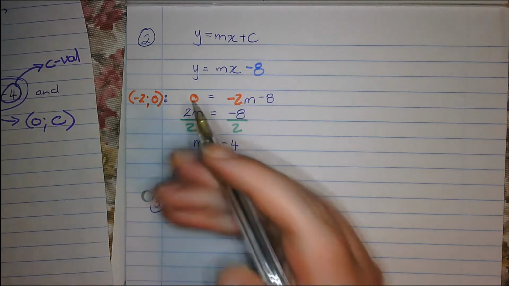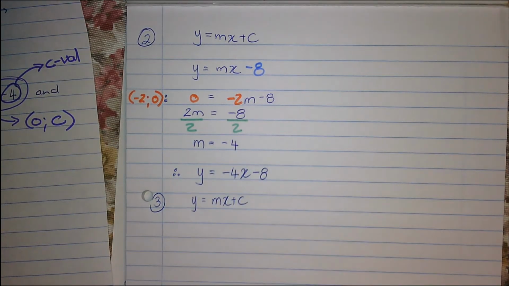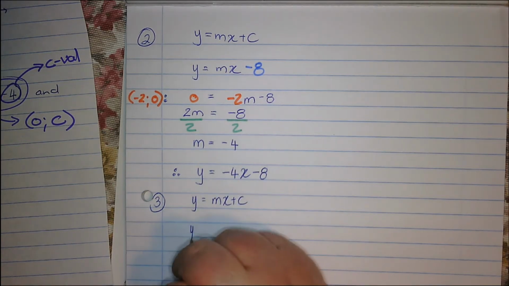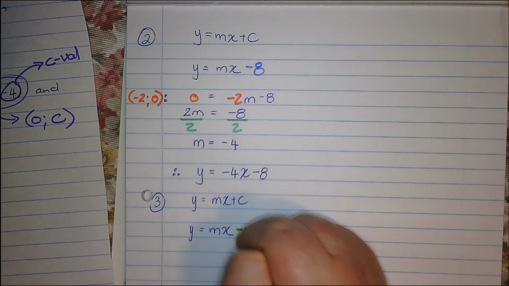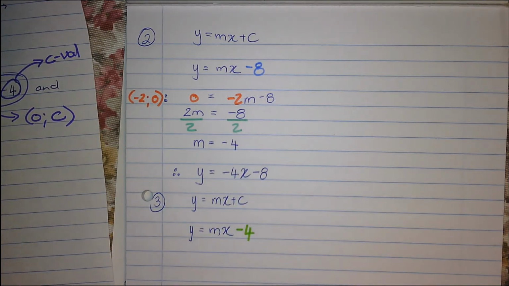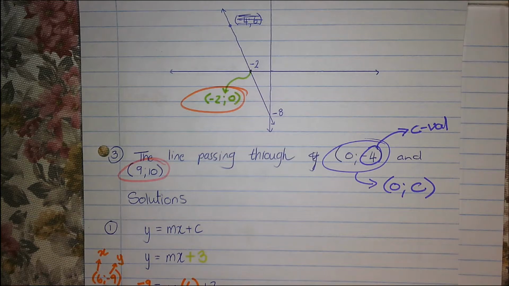Okay. So, we're going to start with y equal to mx plus c. We're going to substitute in our c value. We just discussed that the c value is going to be negative 4. And then we take our other coordinate being 9 and 10, and we substitute that into our equation.